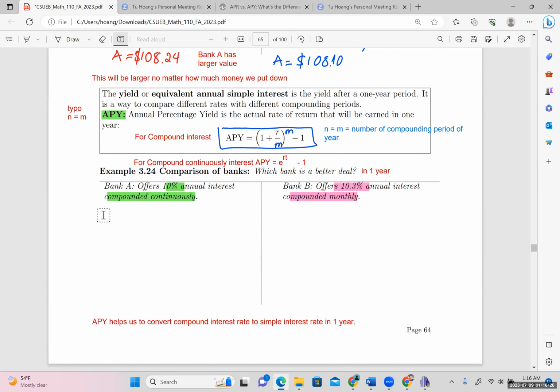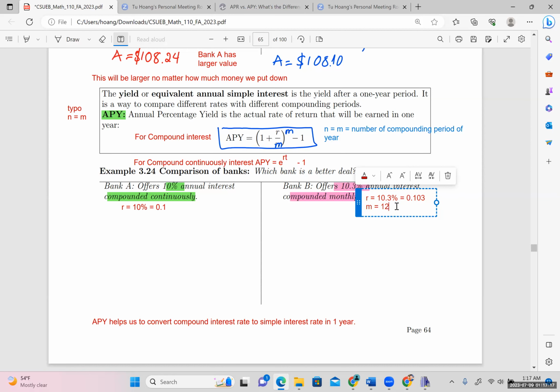All right, so let's say the R in here is equal to 10%, or 0.1, and compounded continuously. And the R in here is 10.3%, which equals 0.103, with M equal to 12 because it says compounded monthly.